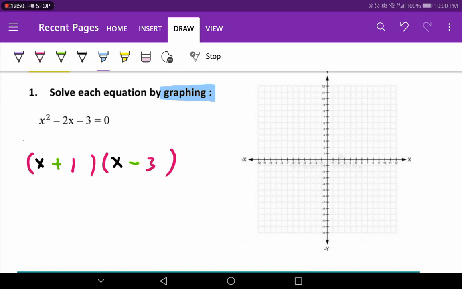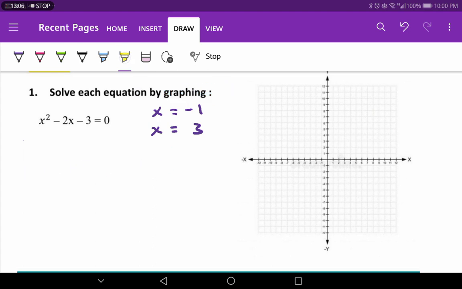But remember, the solution for this equation is x equal negative 1 and x equal 3. Are you happy with that? What do those numbers mean for the graphing? It is very important for graphing. They give the x-intercepts of the graph.